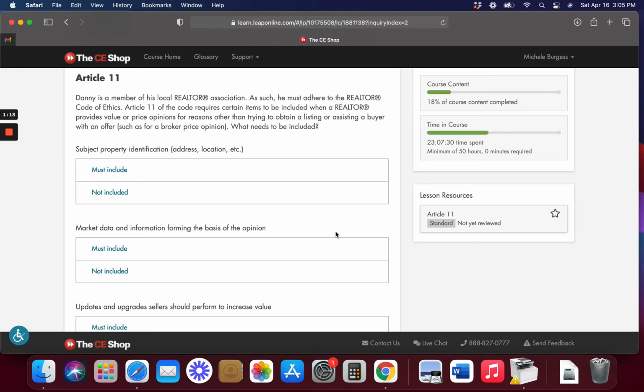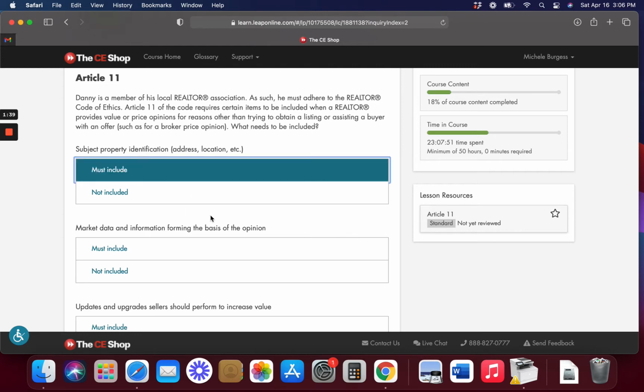Okay, Danny is a member of the Realtor Association. He must adhere to the Realtor Code of Ethics. The Realtor provides value or price opinions for reasons other than trying to obtain a listing or assisting a buyer with an offer. What needs to be included?